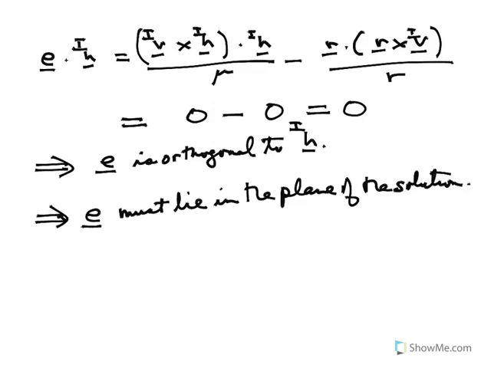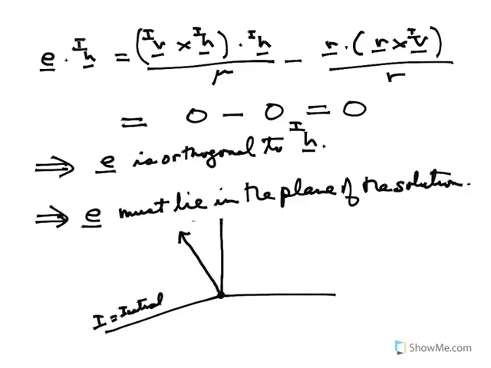So now, if I add to this picture, we can make the picture a little bit more complete, which is that I have this inertial frame, I have this plane, so I is the inertial frame. I have this point O, which is where the planet is. I have this vector H, which is normal to that plane. And then I have the plane itself.